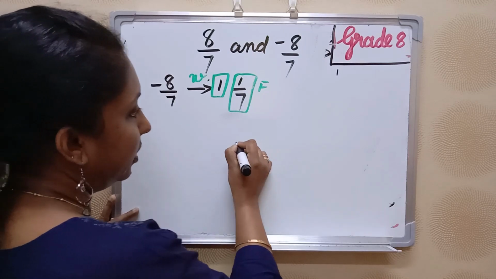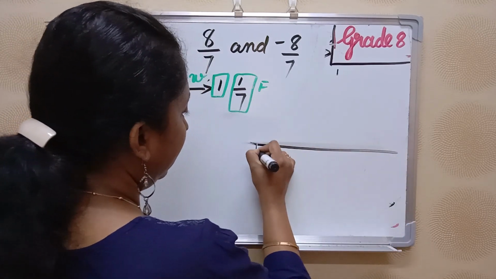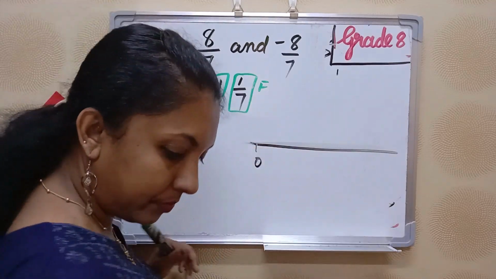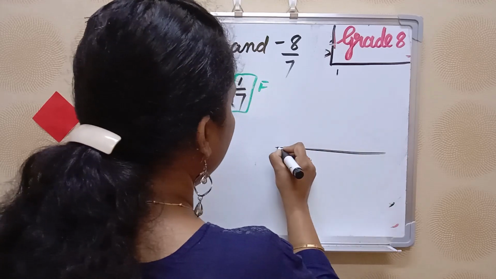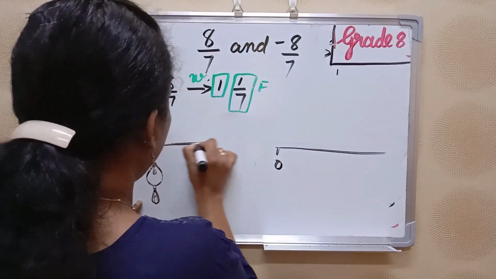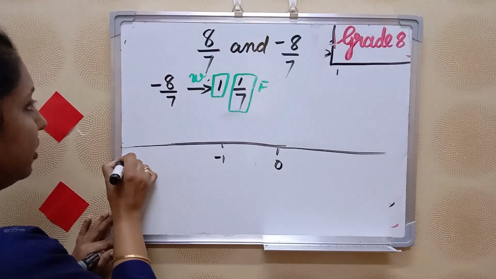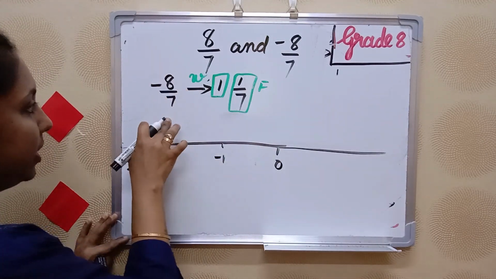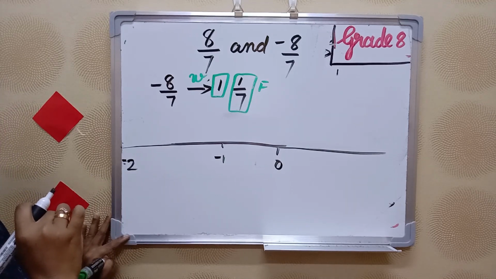Negative integers are on the left side of 0. 0, 1, negative 1. So obviously negative 8 by 7 also lies in between negative 1 and negative 2.